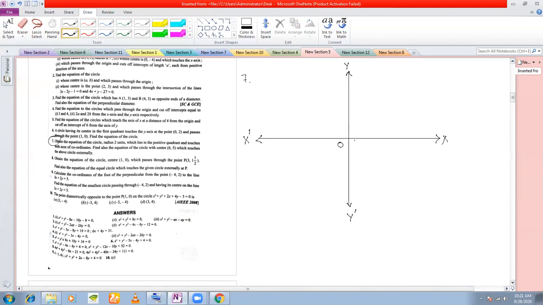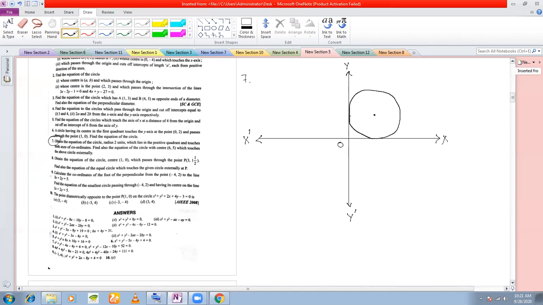It is given in the positive quadrant and radius 2 units. So the circle will look something like this, because the circle lies in the first quadrant, and this is your center.